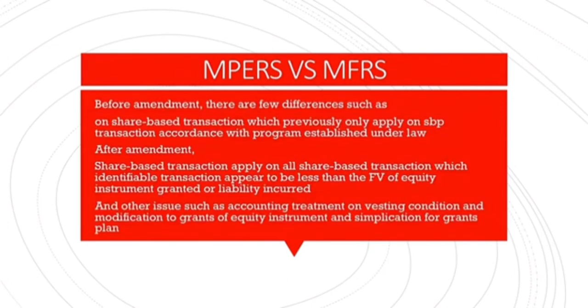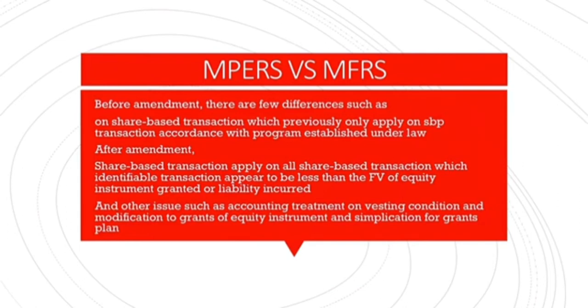But there are a few differences between MPERS and MFRS, namely the MPERS amendment on the share-based transaction, which previously only applied on transactions in accordance with a program established under the law.